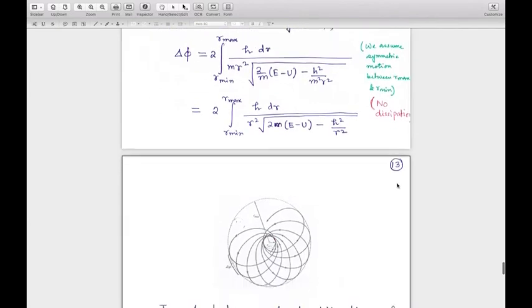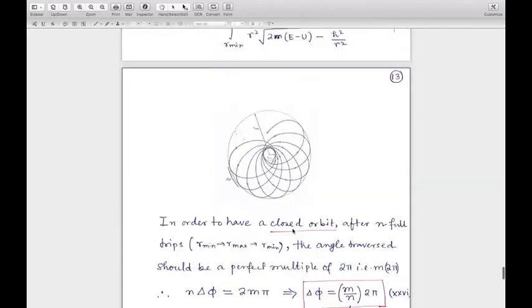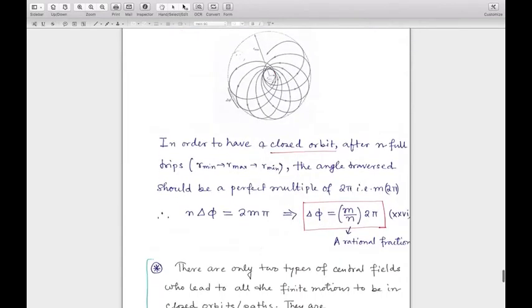Okay. So if you have this, then this is the angle subtended at the center by the position vector, and let's say after n full trips, the angle traversed should be a perfect multiple of 2 pi.